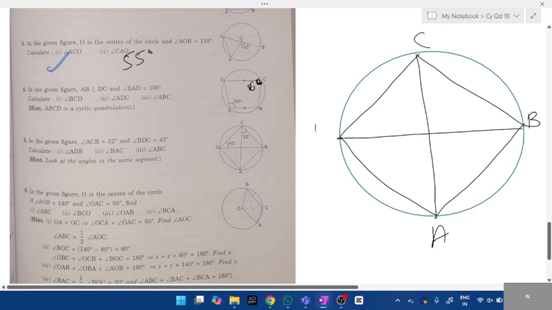A, B, C, D. This is 43. This is 52 degrees.